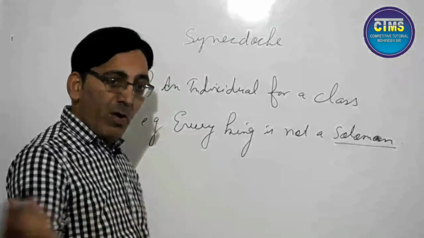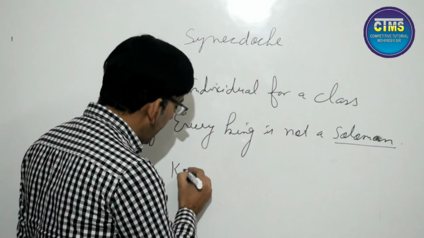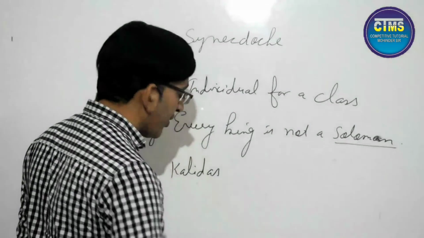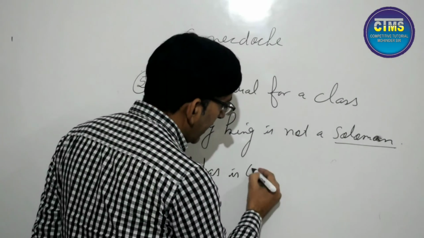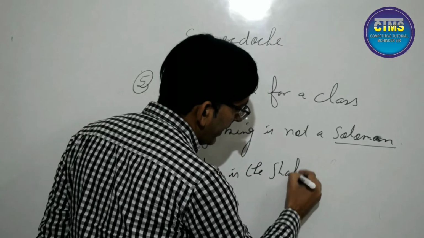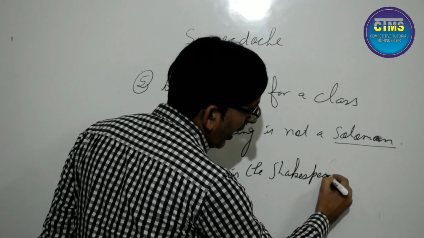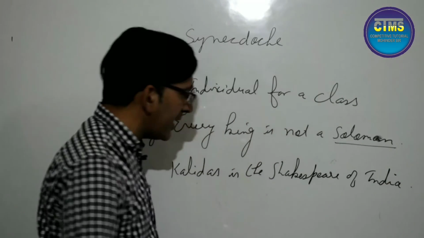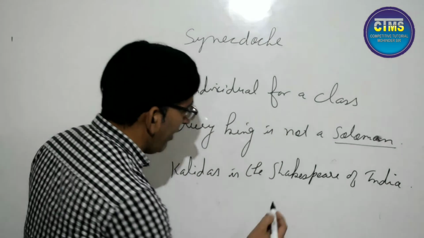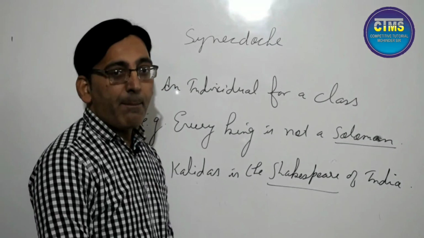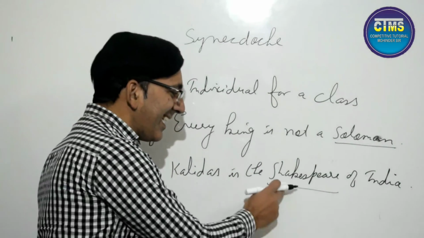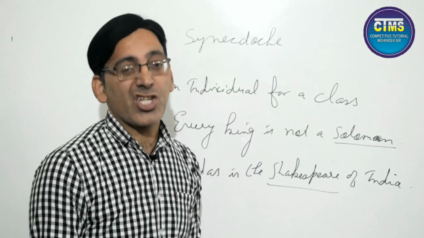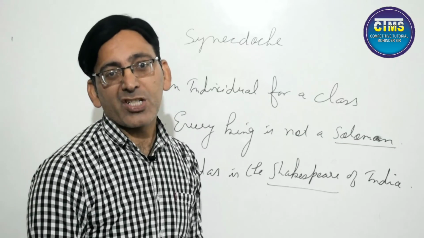I want to give you one more example. For example, normally we make comparison between Kalidas and Shakespeare. We normally say that Kalidas is the Shakespeare of India. So here we are using Shakespeare, a proper noun, as a common noun. Here Shakespeare does not stand for an individual, for a particular Shakespeare.